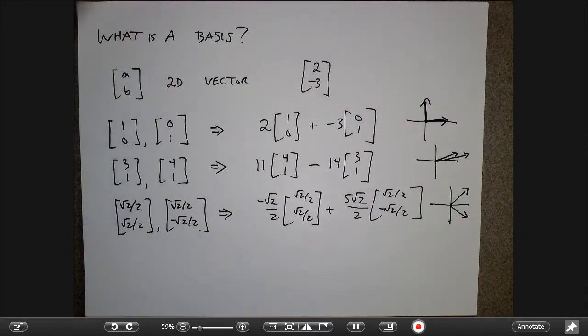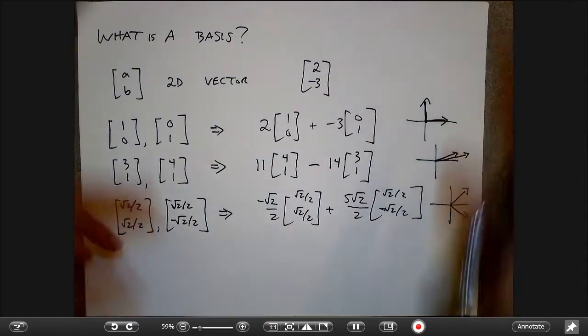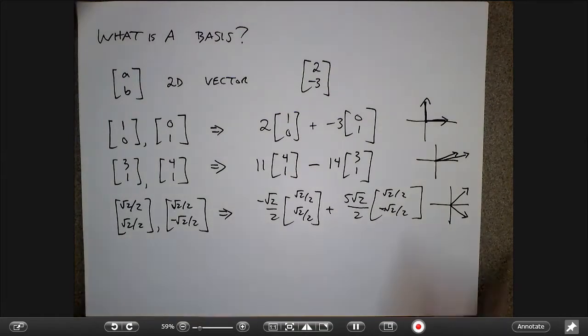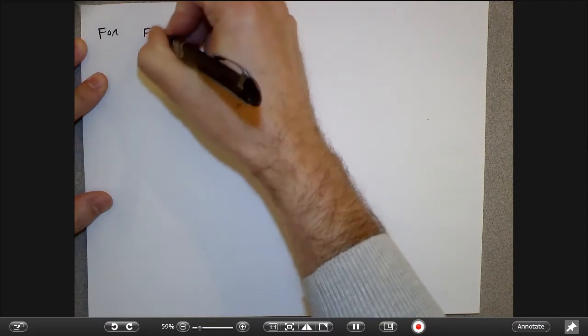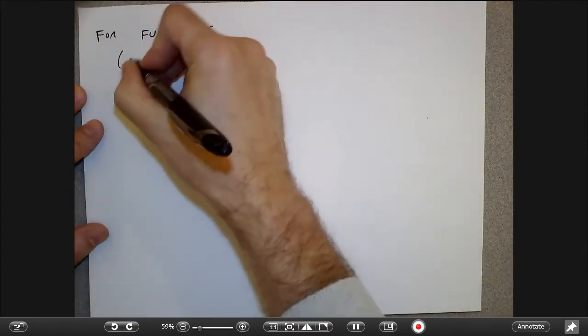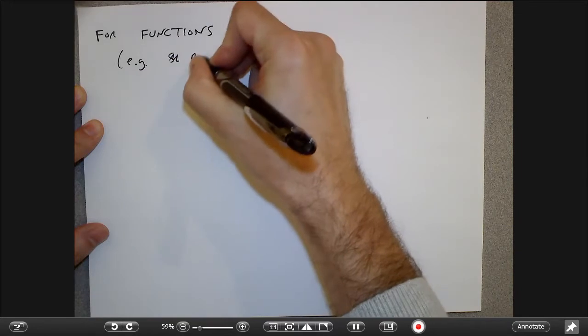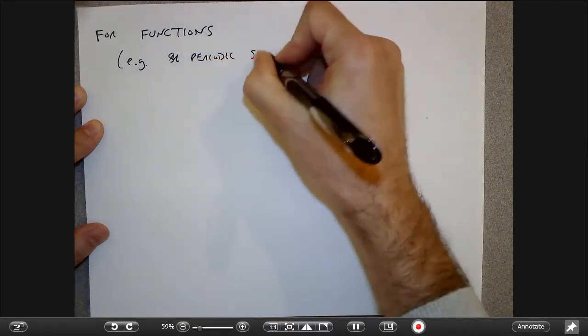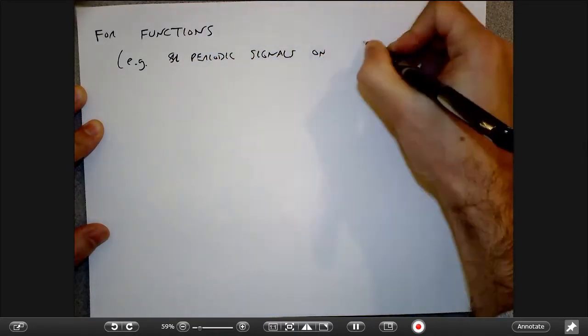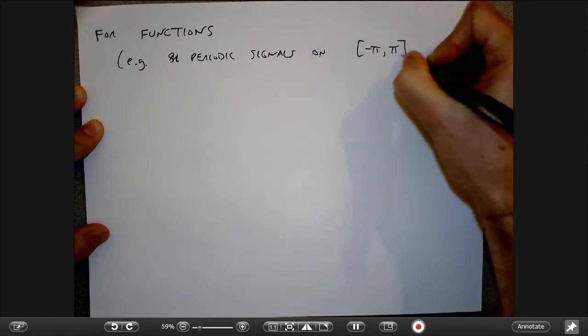All the stuff we talked about in the very beginning of class, Fourier series, Fourier transforms, and so on, are just different ways of representing a signal. Even though here I'm talking about vectors, the same idea applies to functions. For functions, one basis that we learned about, suppose that we had periodic signals on the range minus pi to pi.